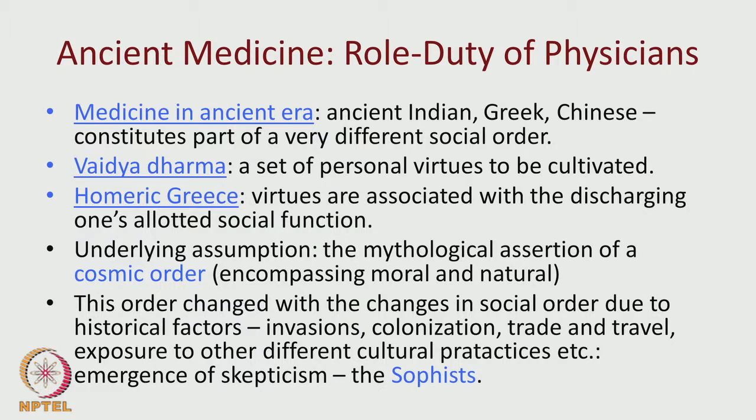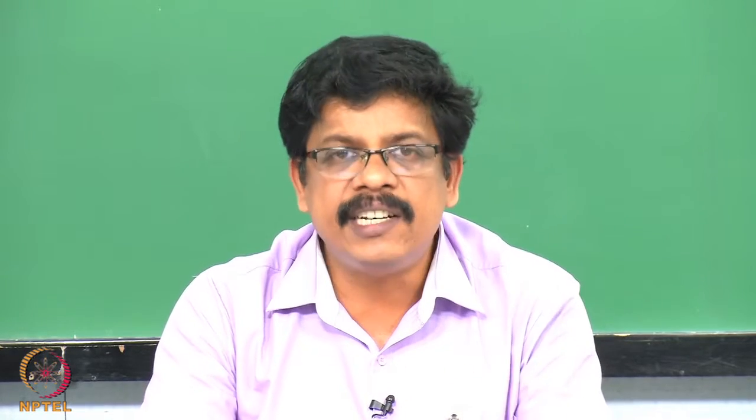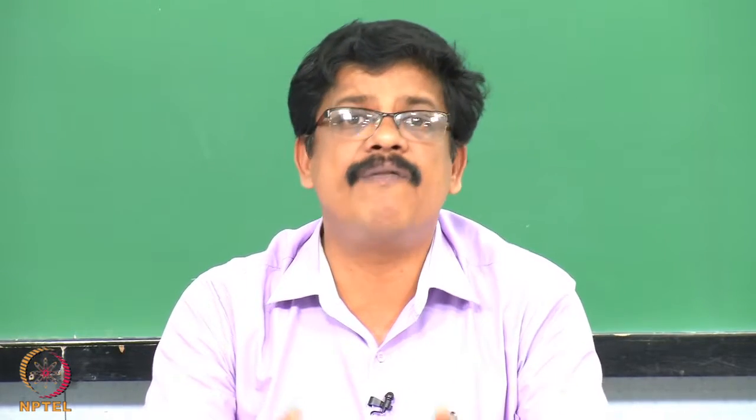So, this has led to a kind of skepticism in the society, and the sophists represent this temperament that existed during those days. They raised several questions by questioning the validity of conventions, by questioning the very validity of morality as such. According to them, all morality is nothing but customary practices.